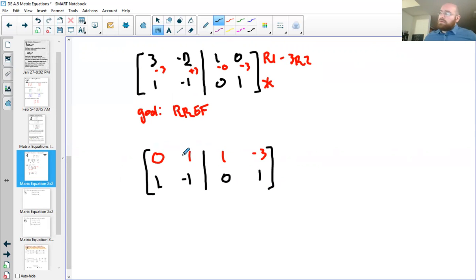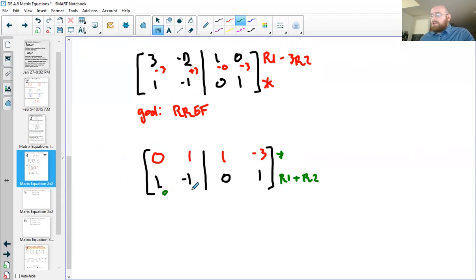Now I will fill in our second row, which hasn't changed in this first step. But notice that the second component of our first row is now a 1, so we can very easily cancel out the -1 in the following row. So if we have row 1 plus row 2, that will immediately cancel this out.